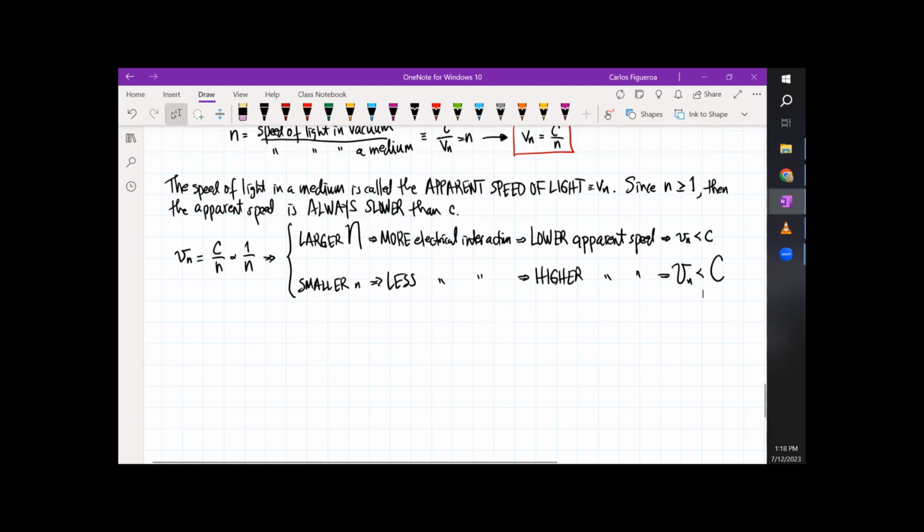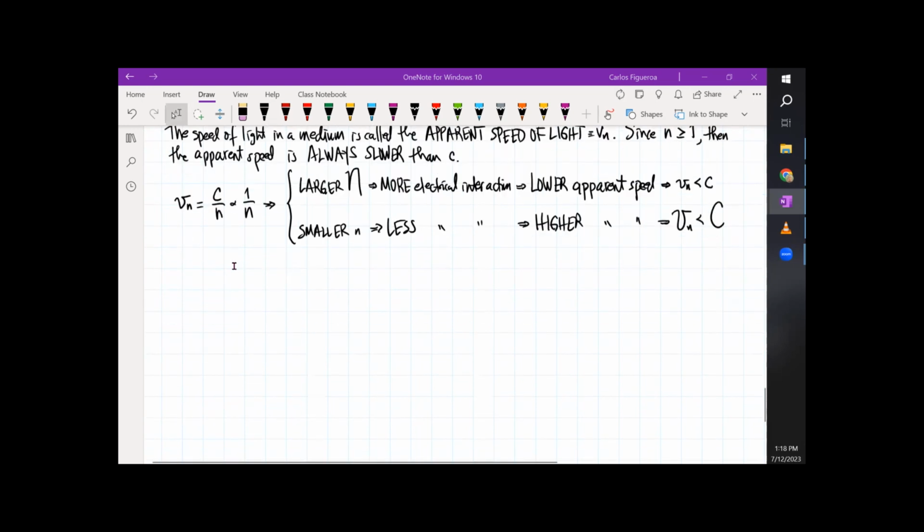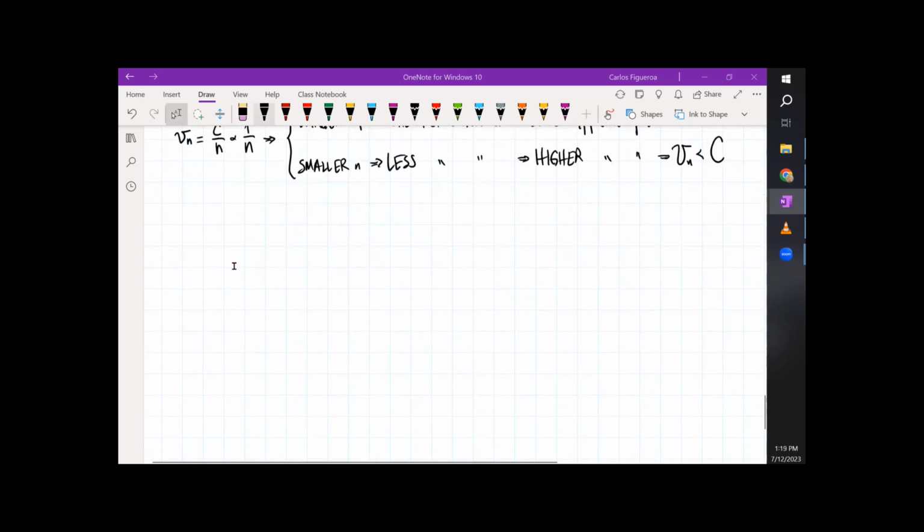So to give you a sense of what this all is telling me, I want to show you a table of values.